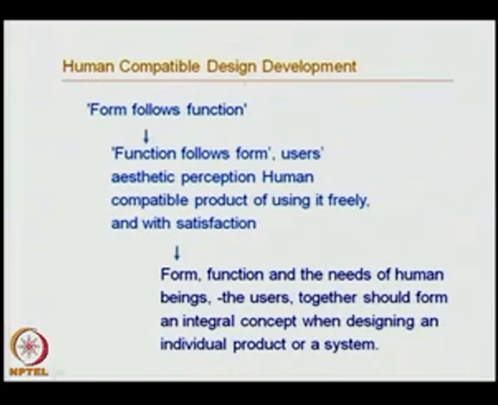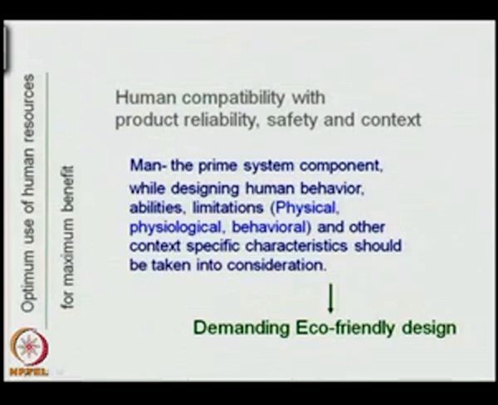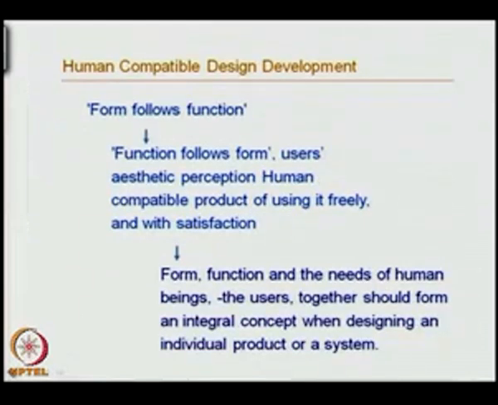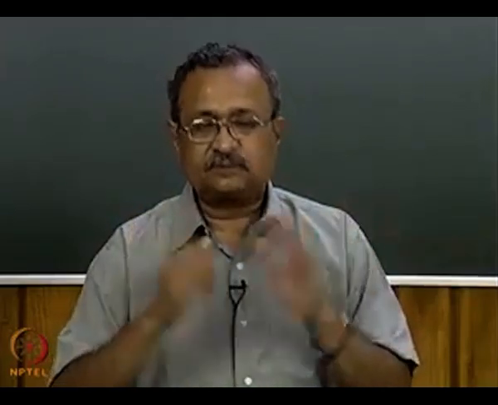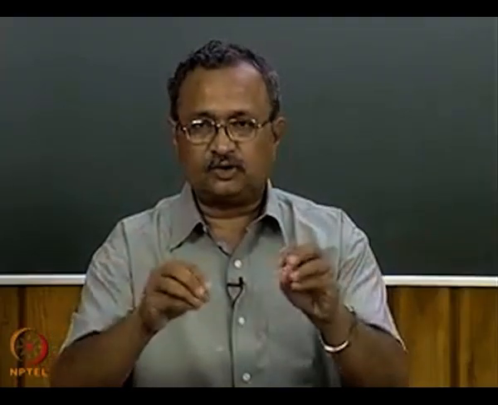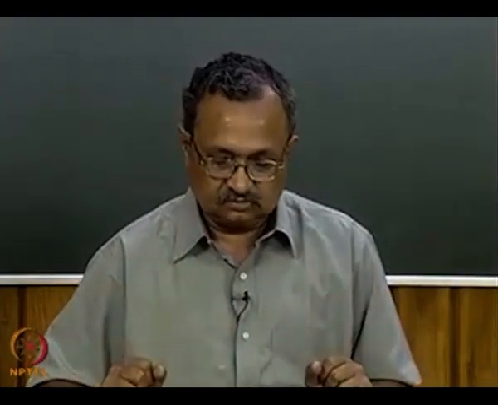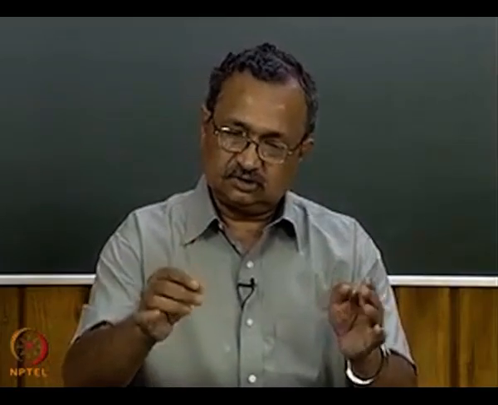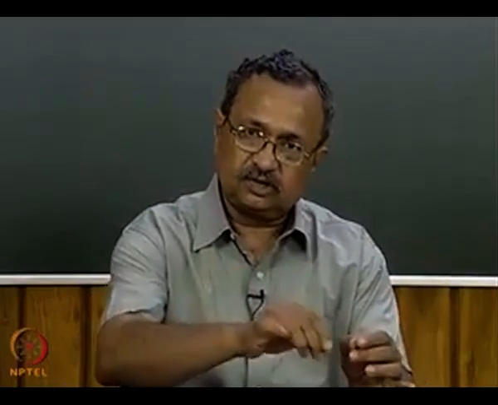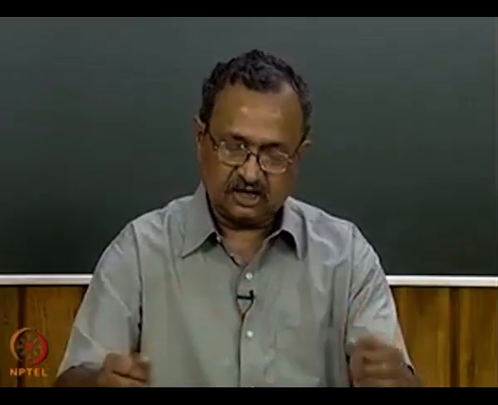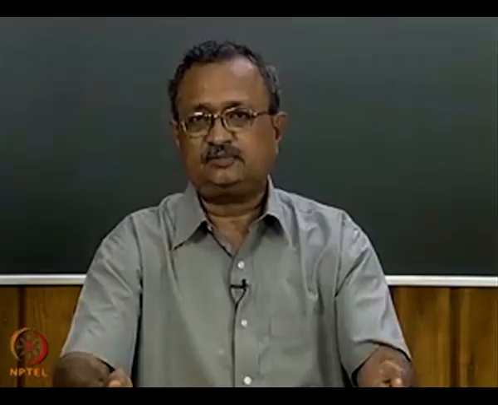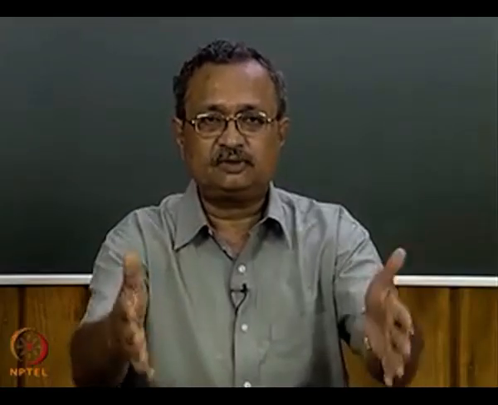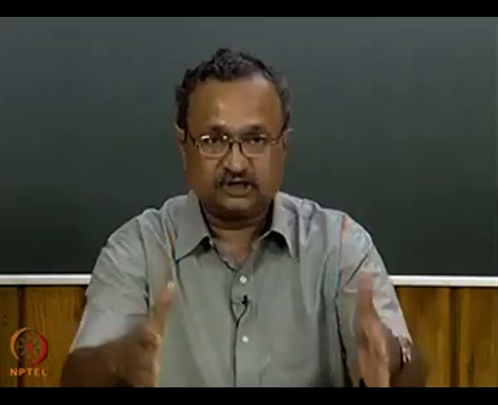The human compatible design development says that form follows function, which means when we develop something, some working components are first developed and then functional links between them are developed, and then an outer shape is given to have an object.